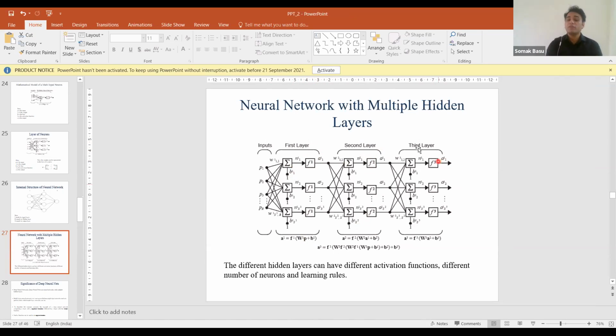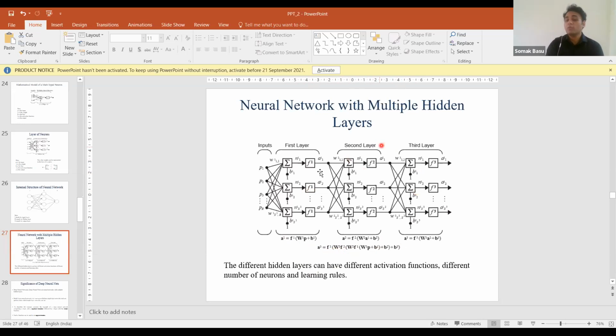This can have different activation functions and different values of bias. So you'll see the output of this layer of neurons goes to the second layer, and the output of the second layer goes to the third layer, right? So this is how you can write the output. For example, see, f3 becomes w3 into f2.